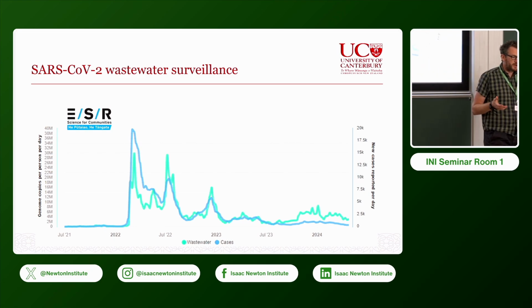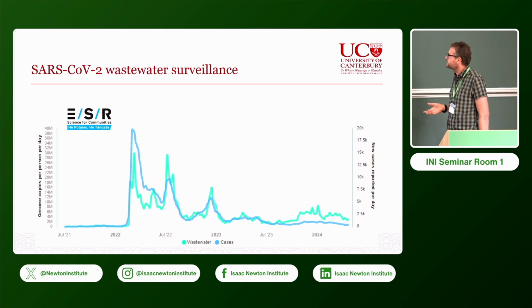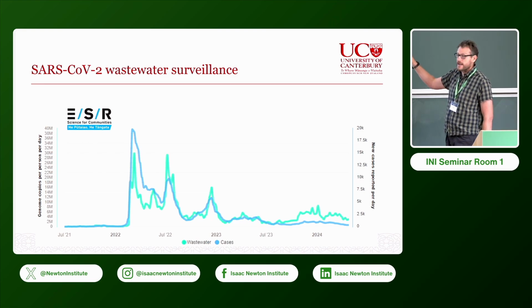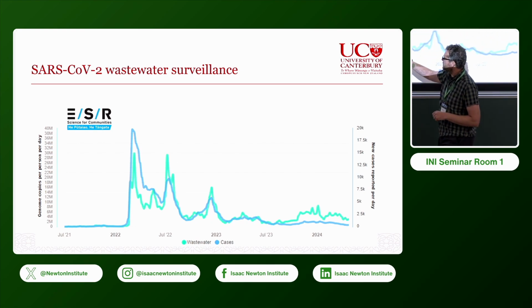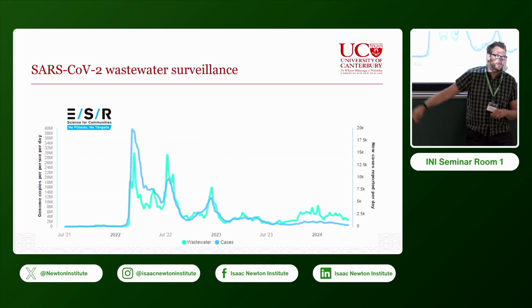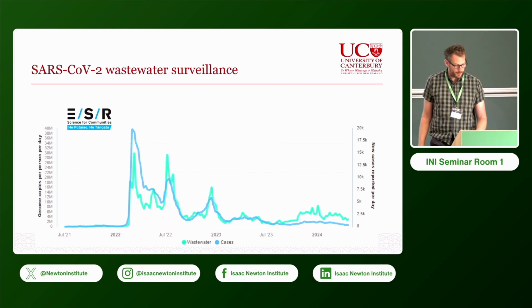In New Zealand, we have a pretty comprehensive national monitoring program for SARS-CoV-2 in the wastewater. And this data, as was mentioned earlier on in the workshop, is publicly available. So there are site level, regional level, and national level estimates, and it's normalized data. It's an estimate of genome copies per person per day that ESR put out.